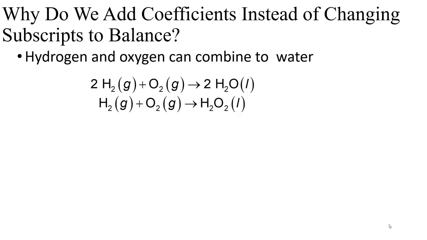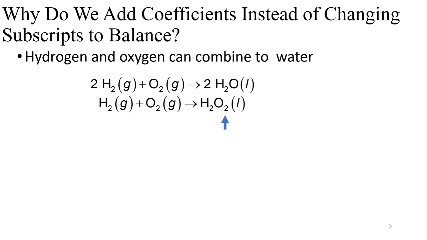So I have 4 hydrogens on both sides and 2 oxygens on both sides of the equation. In our second equation, I changed the number of oxygens in the formula of water because we needed an additional oxygen on the product side. By changing the subscript, this gives us a different formula, H2O2.